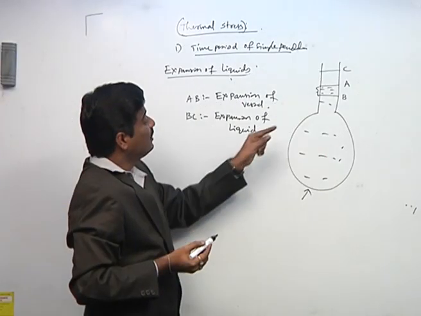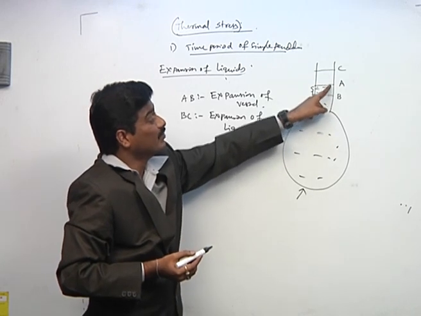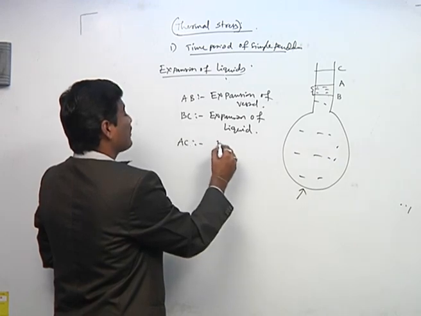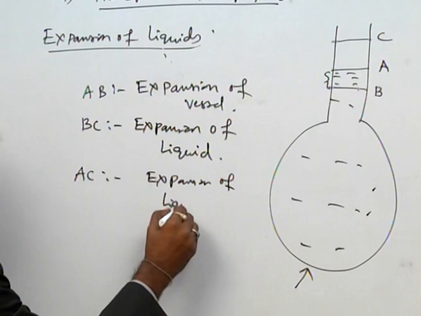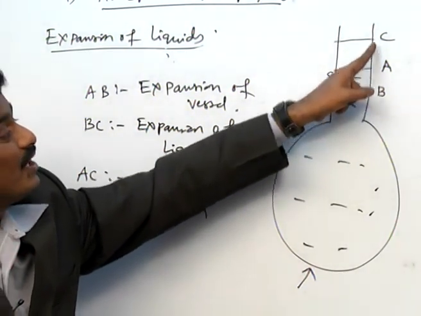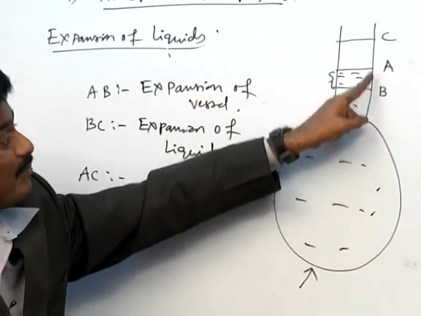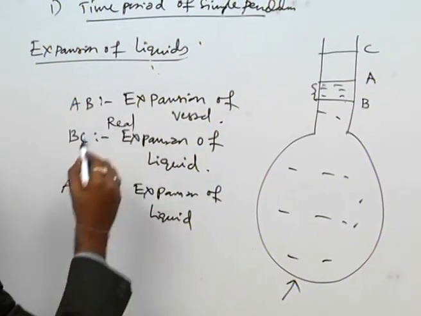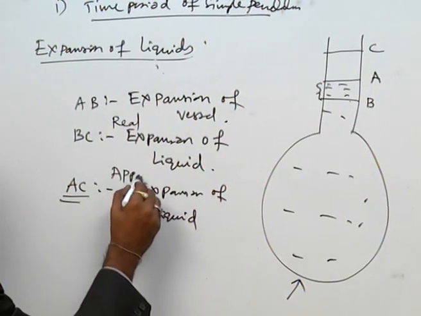But we observe only the expansion of the liquid from A to C, we won't observe this A to B. Actually it expanded from B to C. So we call BC the real expansion, and AC, which we observe, is called the apparent expansion.